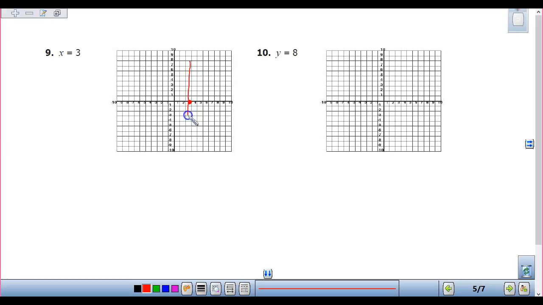No. So we automatically know that it should be vertical because we don't want it on the axis. Same thing with y equals 8. If I go up to where y is 8 and make my point, and I draw this vertical, it would be on the axis, and I don't want it on the axis, so I'm going to go opposite the axis. That might help some of us a little bit.